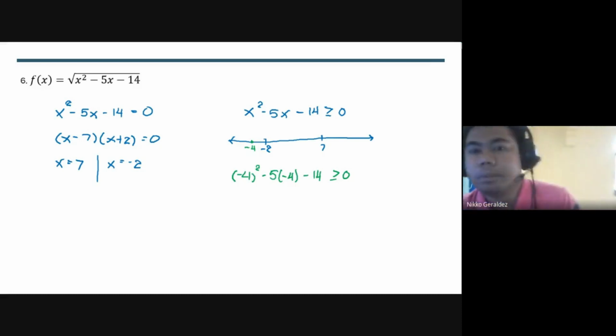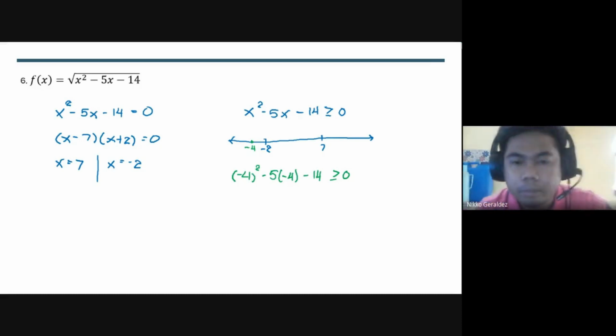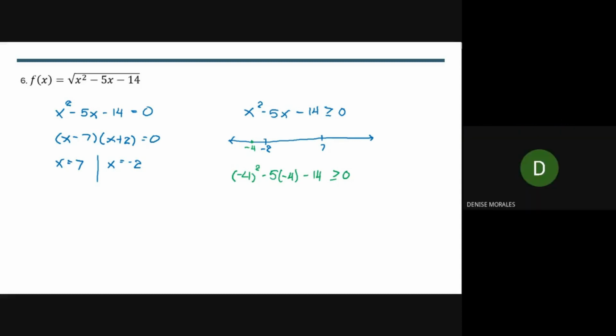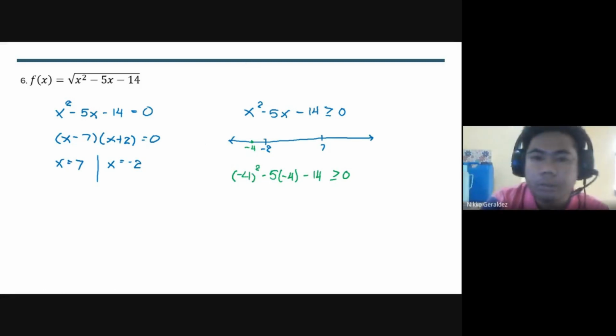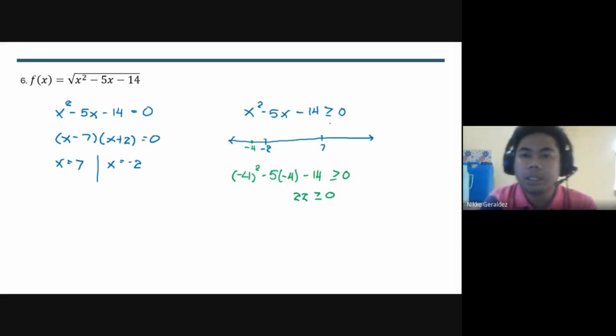Negative 4 squared is 16, plus 20, minus 14, is 22. So, 22 is greater than 0, right? So, it satisfies. The interval negative infinity to negative 2 satisfies the inequality.